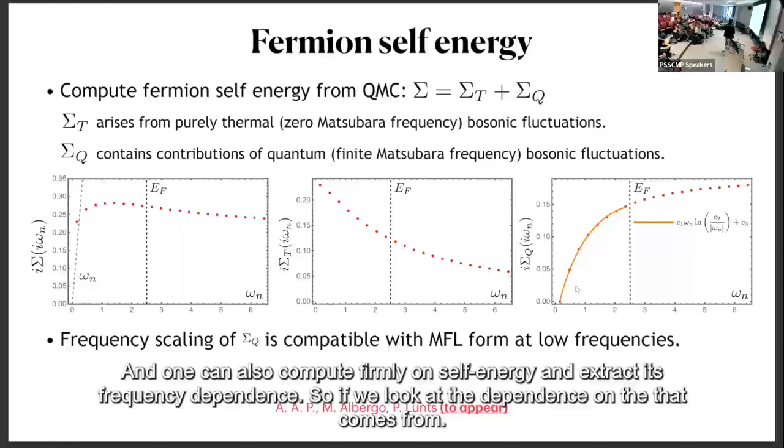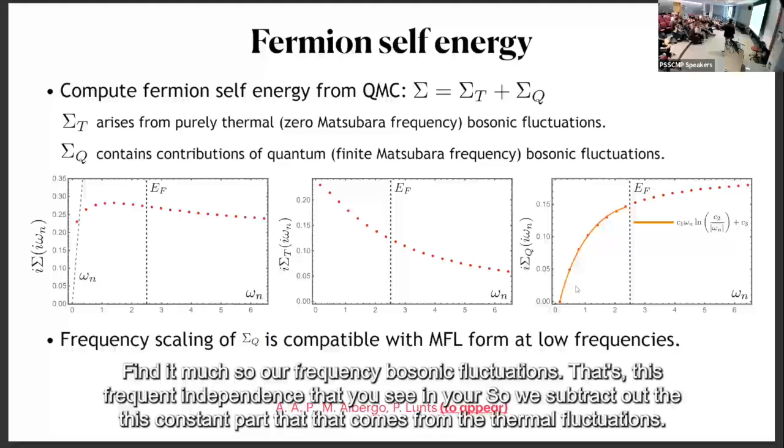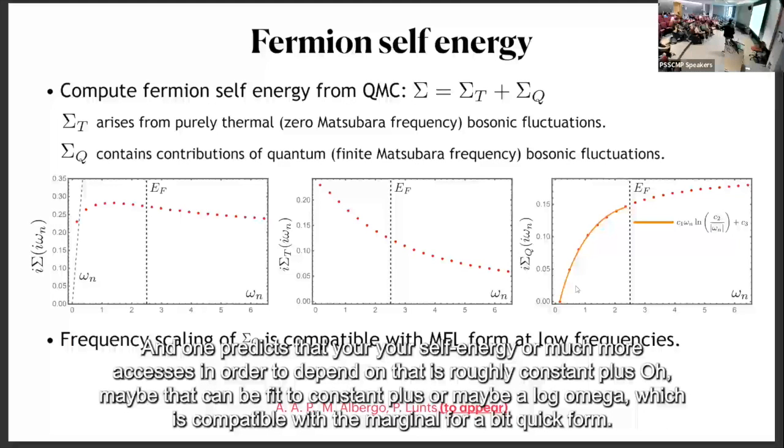If we look at the dependence of the fermion self-energy that comes from finite Matsubara frequency bosonic fluctuations, that would be really resolving this frequency dependence that you see here. If you subtract out this constant part that comes from the thermal fluctuations, then one gets that your self-energy on the Matsubara axis has an omega dependence that is roughly constant plus omega, and that can be fit to constant plus omega log omega, which is compatible with the marginal Fermi liquid form.